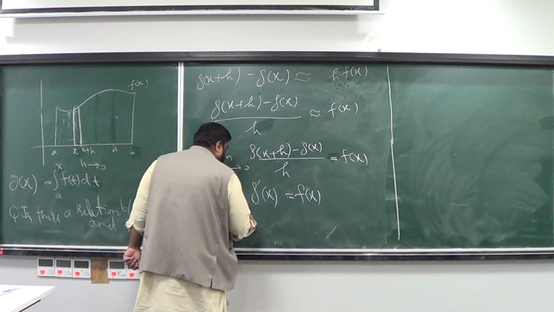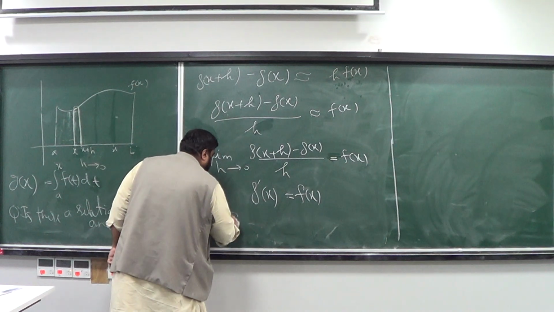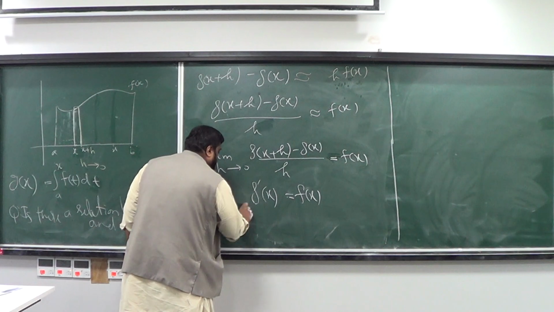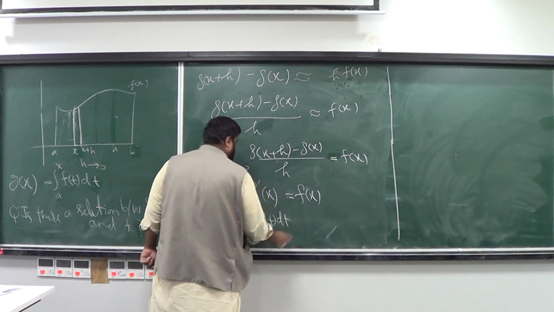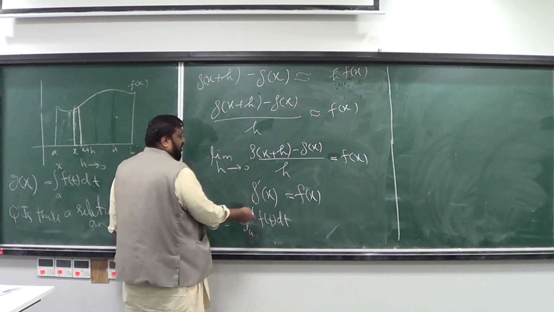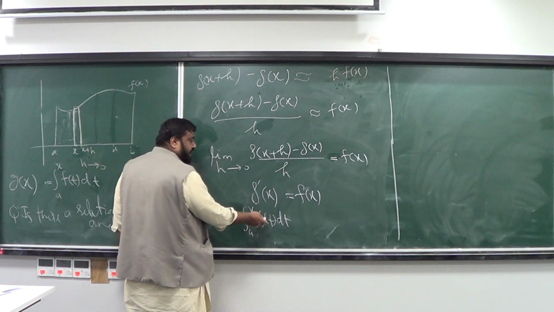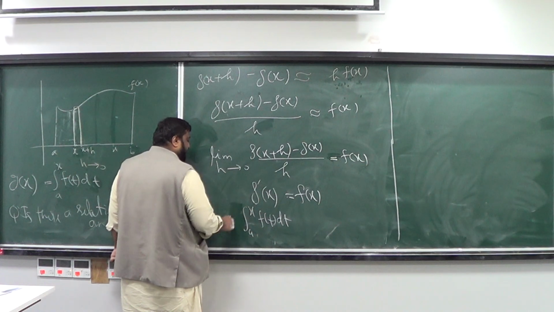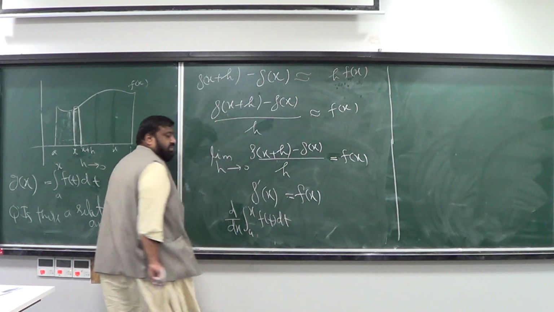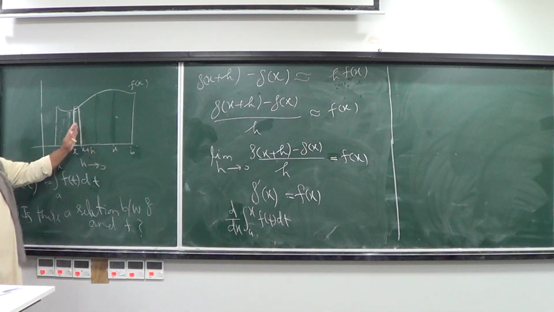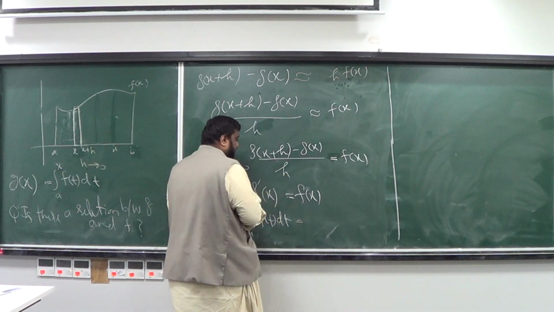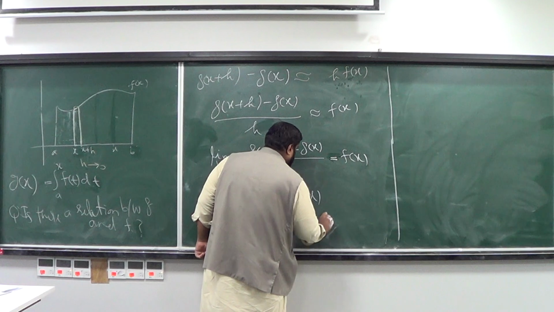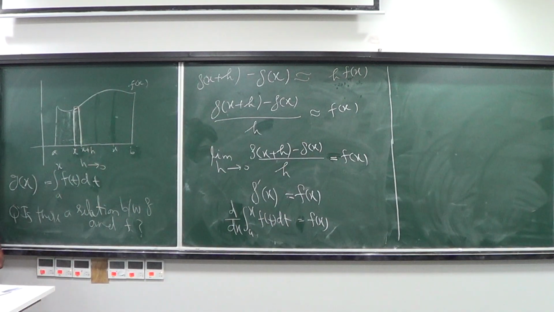So with this intuitive calculation, I can say that if I have this integral from a to x, where x is a variable quantity, of f of t dt, the area under f of t from a to x, and if I consider a really small chunk of this area, then this small chunk is going to be precisely f of x. Are you getting the point?